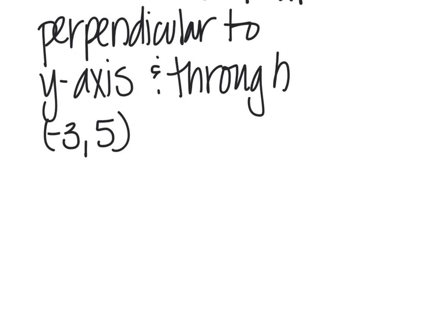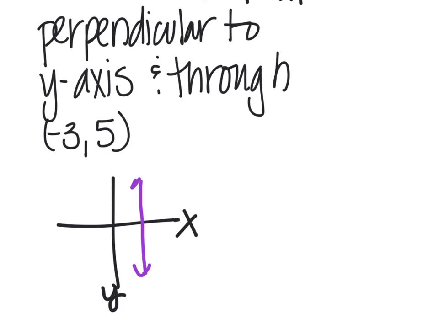Now, suppose that you were asked to write the equation of a line that was perpendicular to the y-axis and through negative 3, 5. So first of all, let's draw a graph. This is the x-axis, this is the y-axis. If I want it perpendicular to the y-axis, I have two options. I could draw this purple line, or I could draw this blue line. Only one of those, however, is perpendicular.